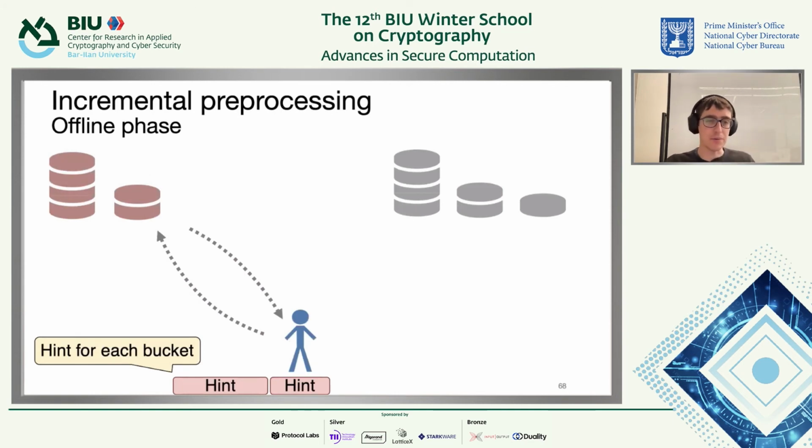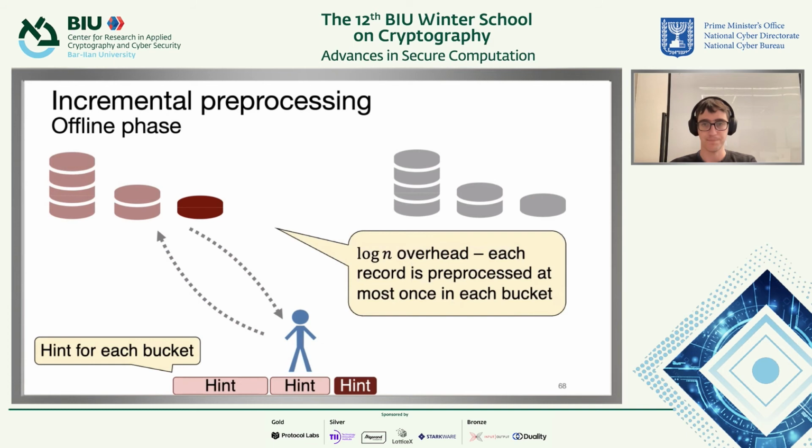So let's see how to use it. In the offline phase, the client obtains a hint for each bucket. We have buckets of different sizes, and the client holds a hint for each. When a new bucket is created, the client and the server run the offline phase only on the new bucket. You don't need to repeat the offline phase from scratch. You just run it on the new bucket, and you get the delta, the new hint.